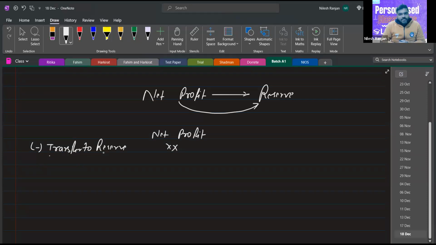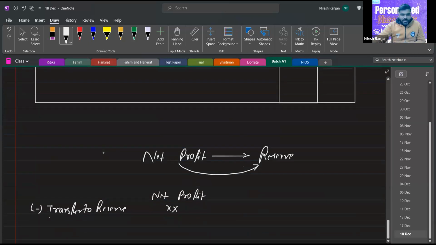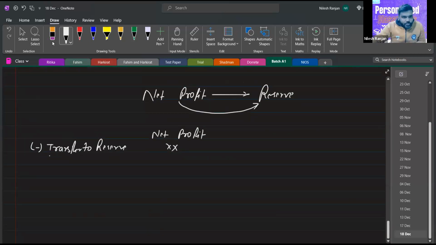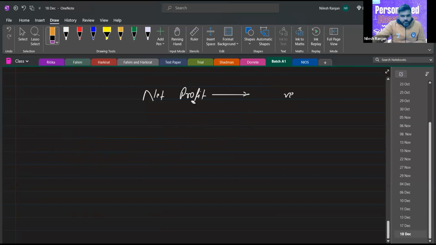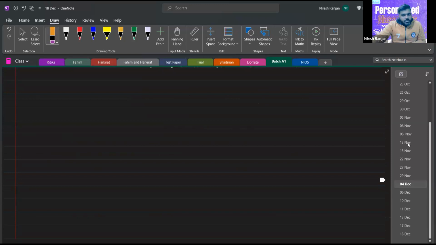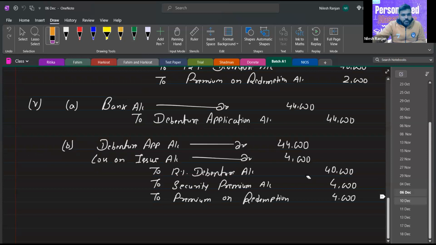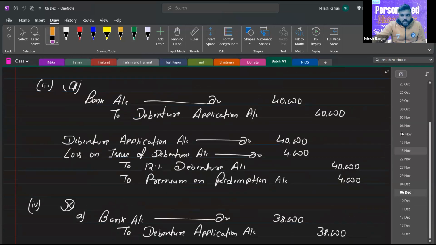Sir, can you explain again? Okay. Let me show you the format of a statement of profit and loss first, then it will be easy for you to understand. Have you seen the format of a statement of profit and loss? We have discussed it in our class.